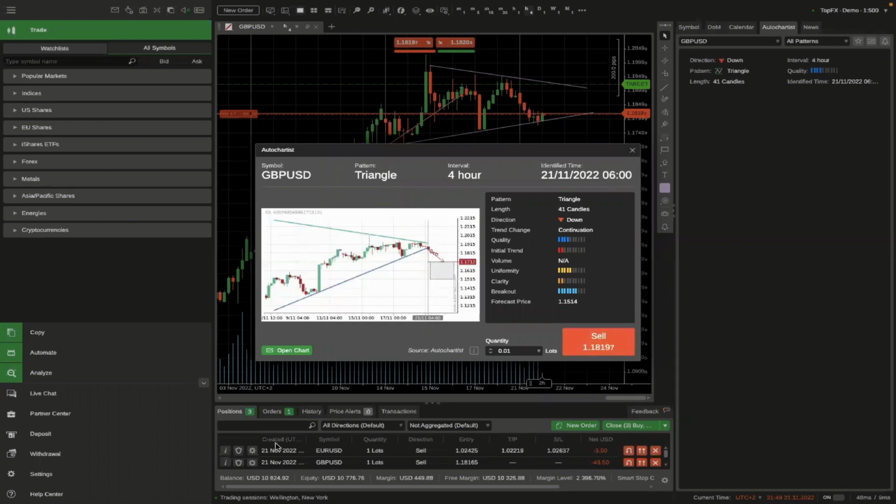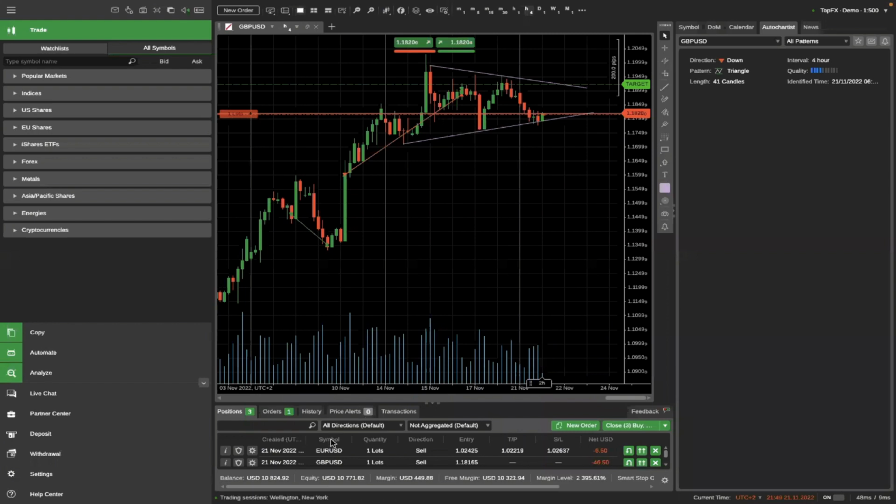So of course you click sell. As you can see, we are already trading this pattern. One lot of sell entered at 1.1816, about 3 pips from the current price. And that's another pattern identified by the Autochartist.